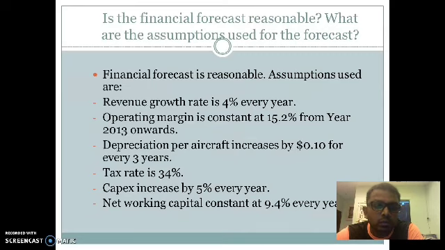The depreciation per aircraft increases by 100,000 for every 3 years, so you will notice there is an increase every 3 years. The tax rate is fixed at 34%. The capital expenditure increases by 5% every year, and the net working capital is constant at 9.4% every year. These are the assumptions that we noticed when we analyzed the case study.